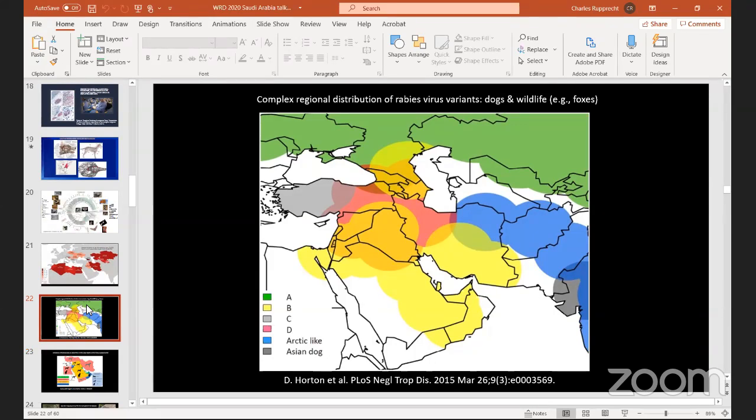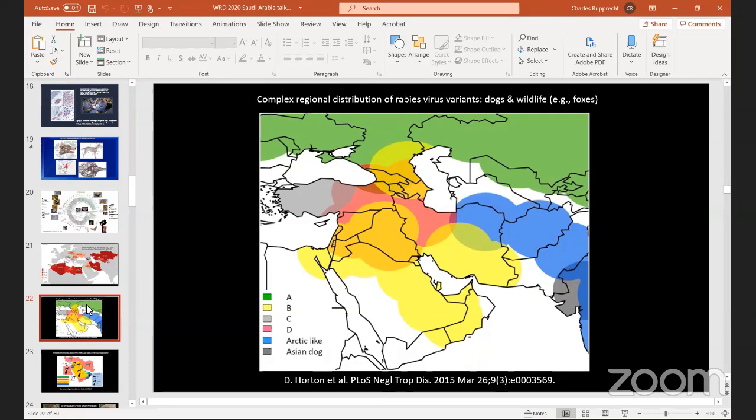We also recognize that this portion of the Middle East and the peninsula is manifested in a wide variety of different variants. There is the superimposition of historical, classical canine rabies coming in from the west, from Turkey, as well as Asian dog viruses coming in from the east, from the Indo-Pakistani subcontinent. And then superimposed upon all of that, we have wildlife rabies. We have Arctic-like viruses in our free-ranging wildlife, particularly foxes.